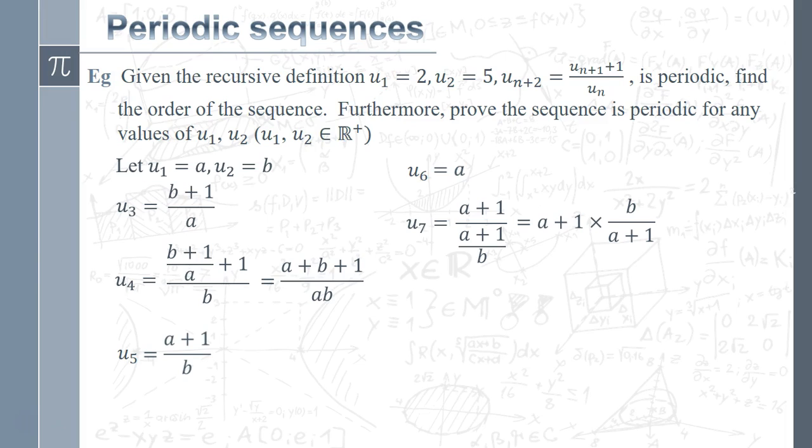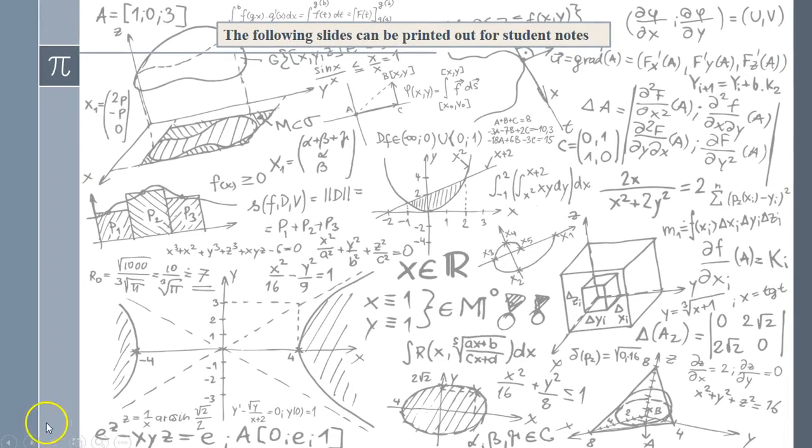I mean, you might be able to just spot that straight away, but for me it's a bit of the old flipping, and then clearly do some cancelling, and lo and behold, happy days, there is the result that we wanted. So what we can see is that regardless of what values we use, it is always going to be periodic, and that period is going to be of order 5. Sorted.